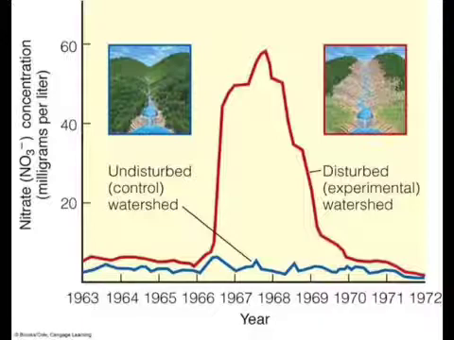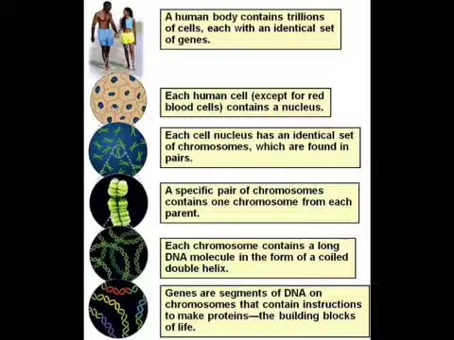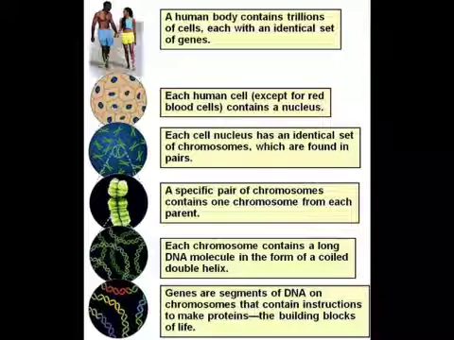That is a growth of algae in the water that robs all of the other native plants of their resources. Let's review the levels of organization. All organisms are composed of cells, and you probably know from your biology class that organisms are made up of organ systems, which are made up of organs, which are made up of tissues, which are made up of cells.